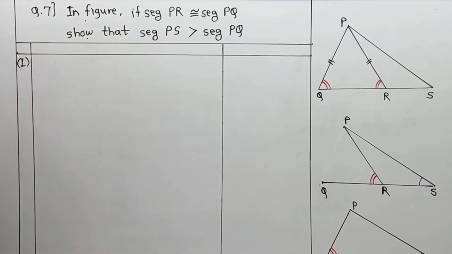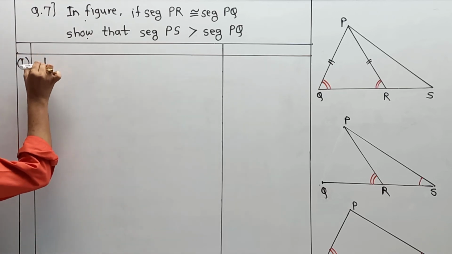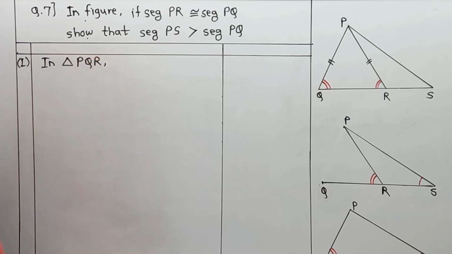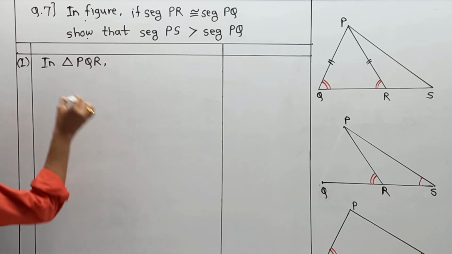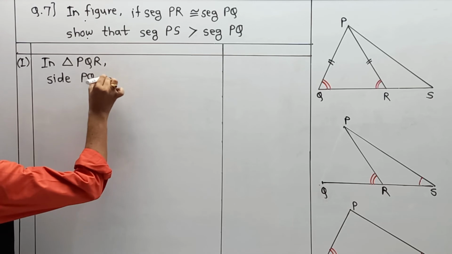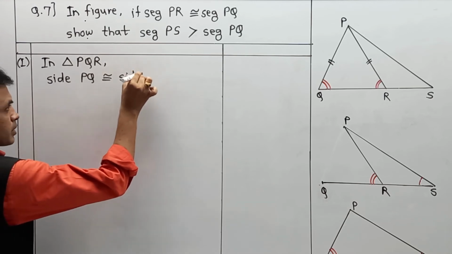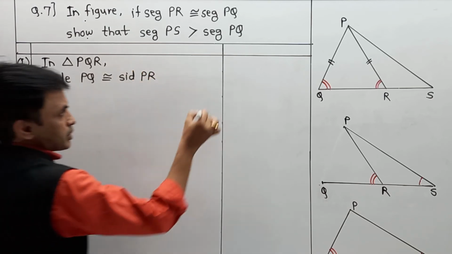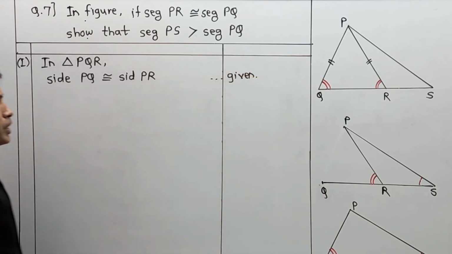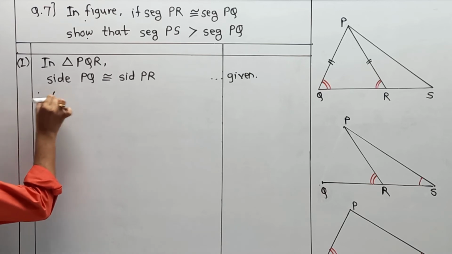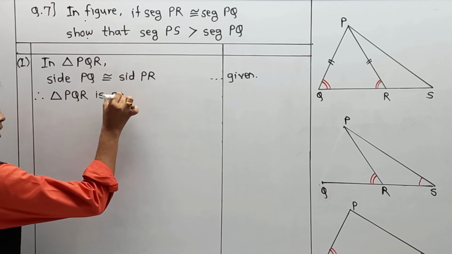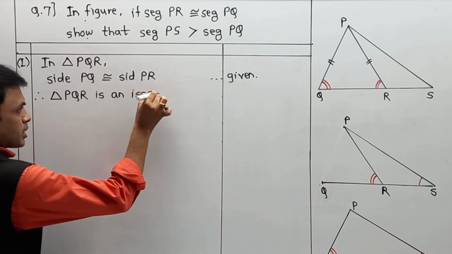First, in triangle PQR, PQ is congruent to PR, or you can say side PQ is congruent to side PR. They have given, so I am going to write it as given. Naturally, therefore triangle PQR is an isosceles triangle.